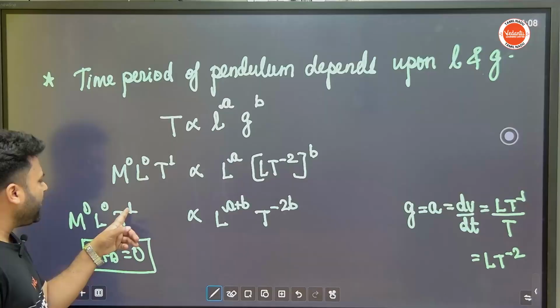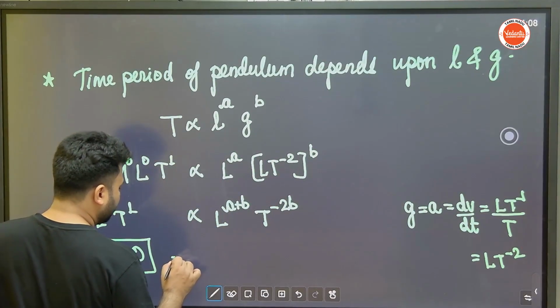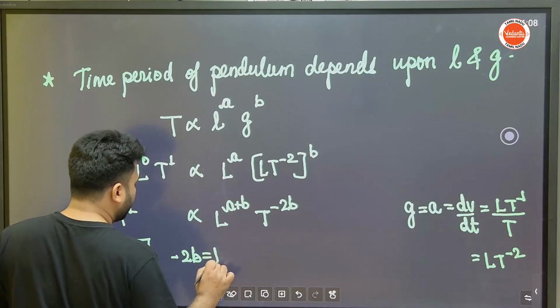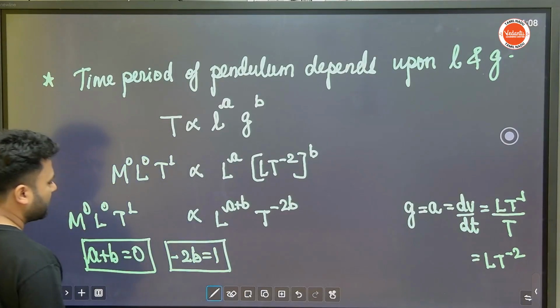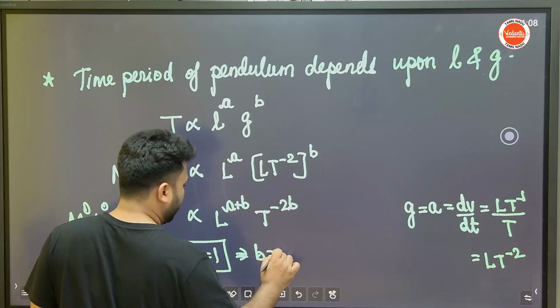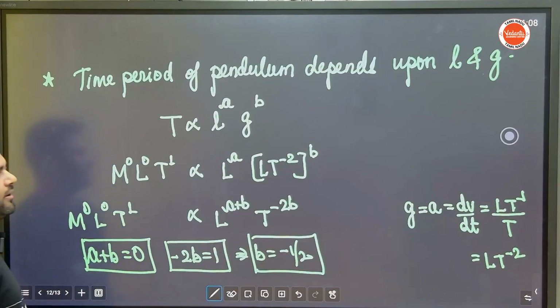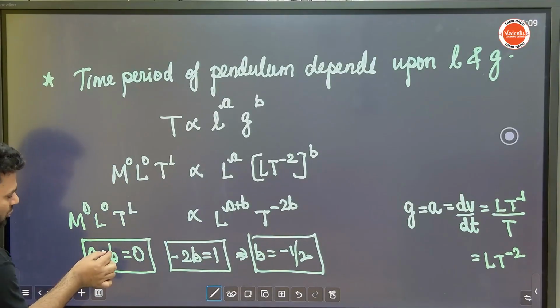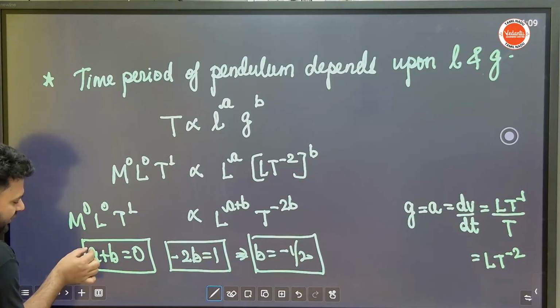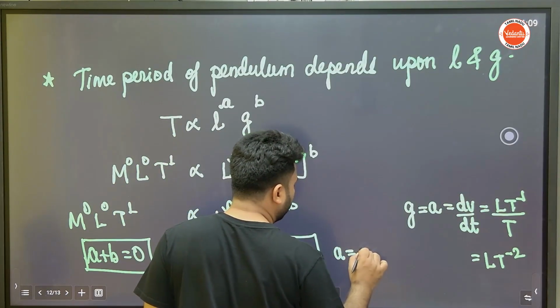Second, time power is 1 and time power is minus 2b, means minus 2b should be equal to 1. So b equals minus 1 by 2. And if b equals minus 1 by 2, you put it here, minus 1 by 2 plus 1 by 2 will be equal to 0. So a is coming out to be plus 1 by 2.